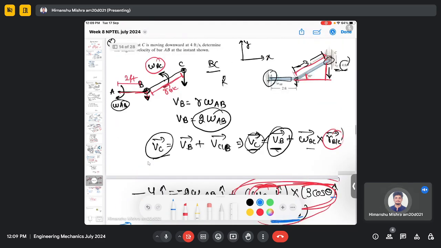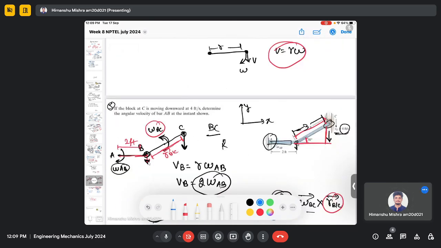So just to recap here, we have been given the velocity of point C, which is moving in the y direction, and we need to find the angular velocity of rod AB. In this question we actually use two concepts.